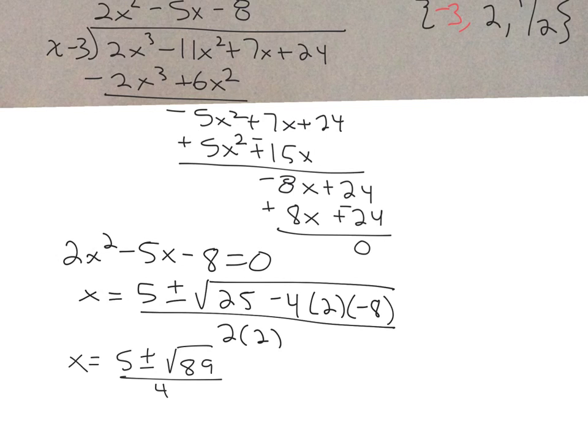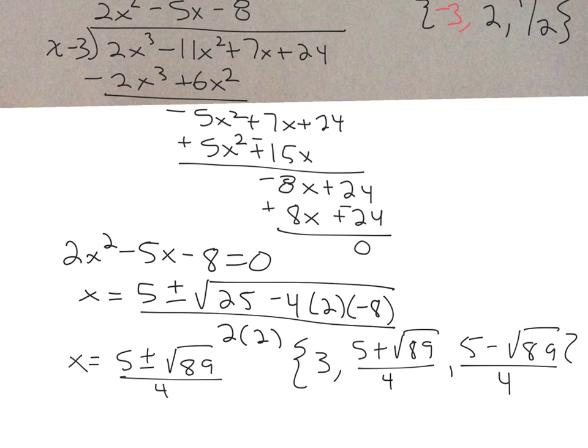So this is a case where our roots are, if we take the original root, 3, you have 5 plus the square root of 89 all over 4, and 5 minus the square root of 89 all over 4 as your two other roots. So you're not always going to get nice rational roots. If you were to take the square root, you get decimals, and you can have decimals as your roots. But we want to leave it exact, so we would leave the radical in the final answer.